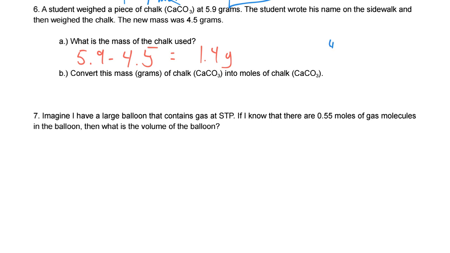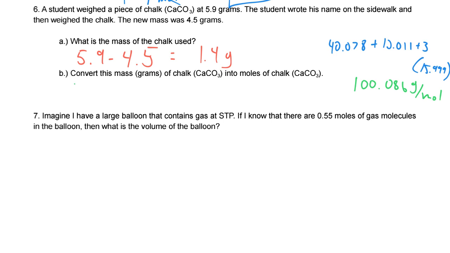Calcium is 40.078 plus a carbon is 12.011 plus 3 oxygens, so 3 times 15.999. Plug this in, and I got that calcium carbonate weighs 100.086 grams per mole.